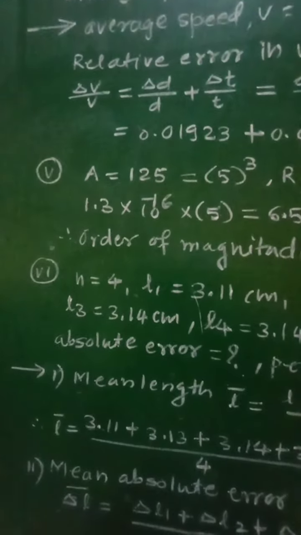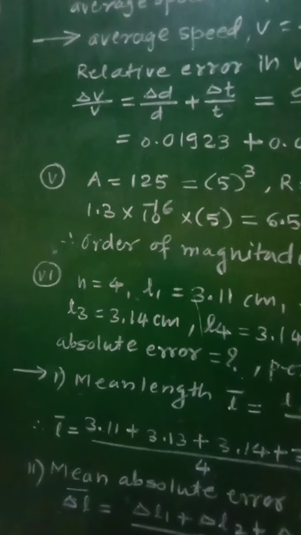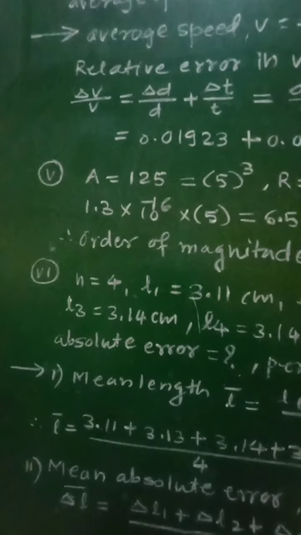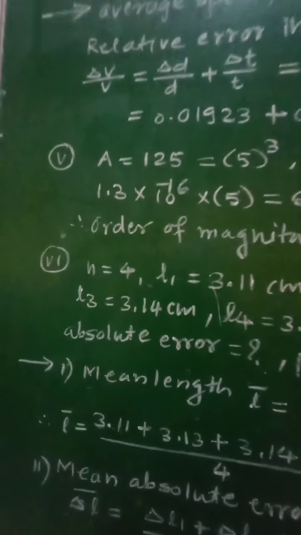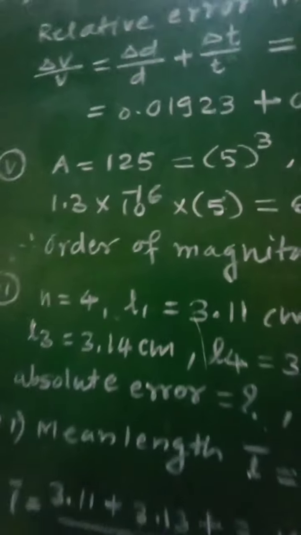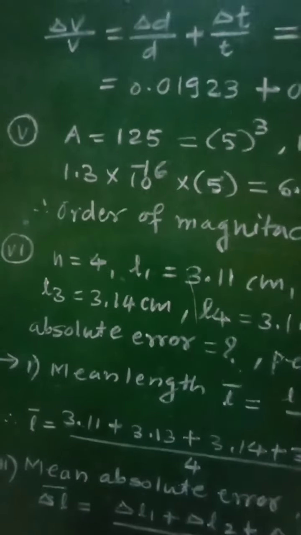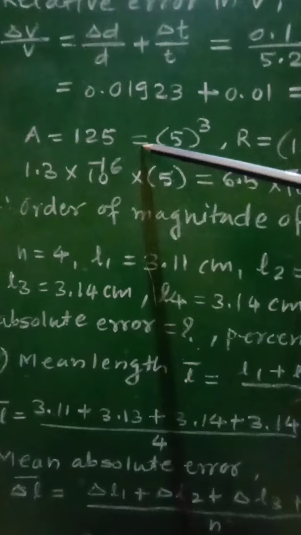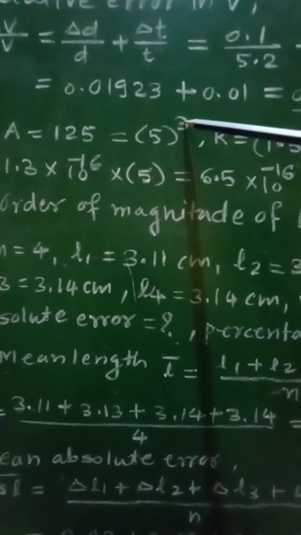For a nucleus of mass number A is equal to 125, obtain the order of magnitude of R expressed in meter. And therefore for this numerical, the given data is mass number A is equal to 125, which will be written as 5 cube.